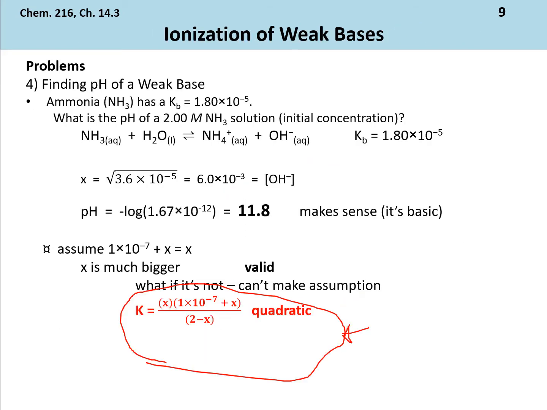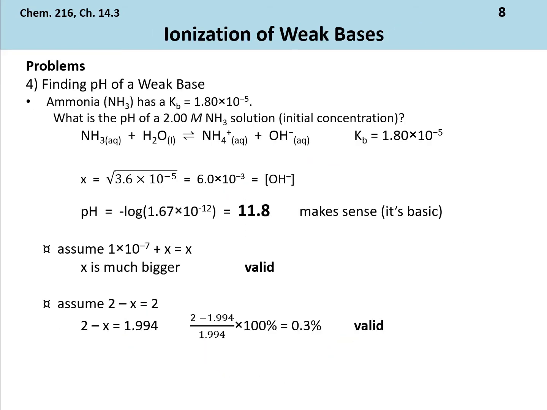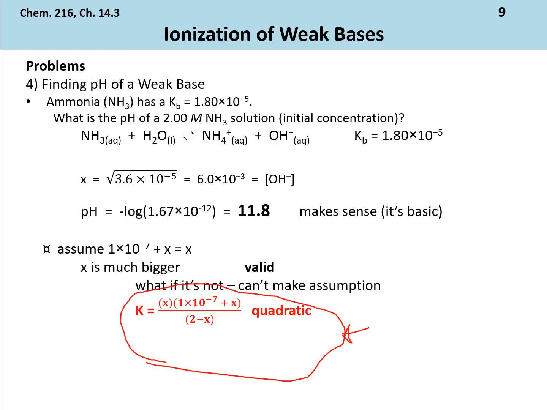Let's go back and just do this real quick. So in this case, right, I started off with 2 molar NH3, and I ended up with 6 times 10 to the minus 3 for my NH4+.